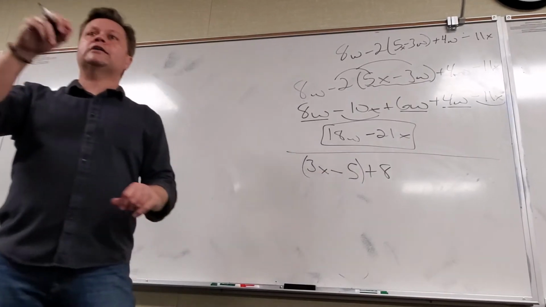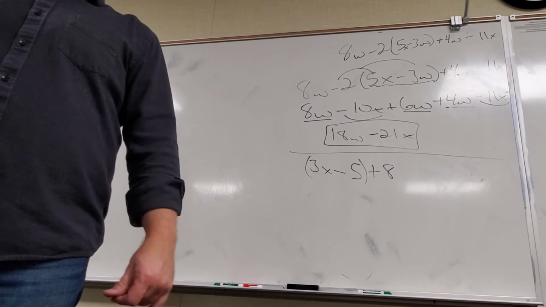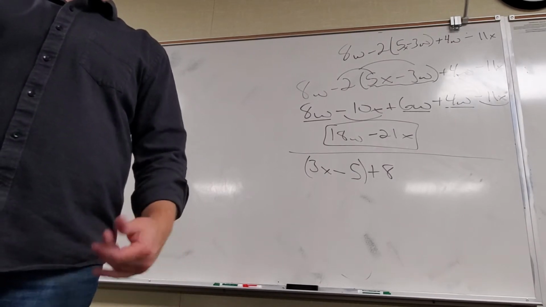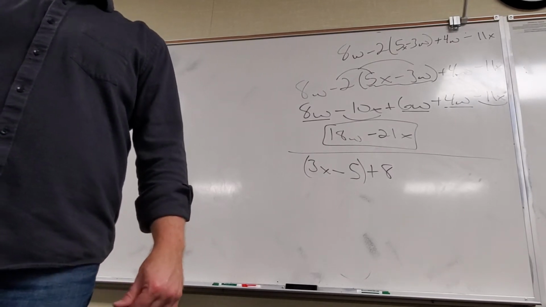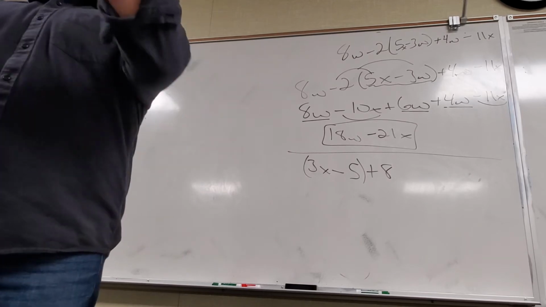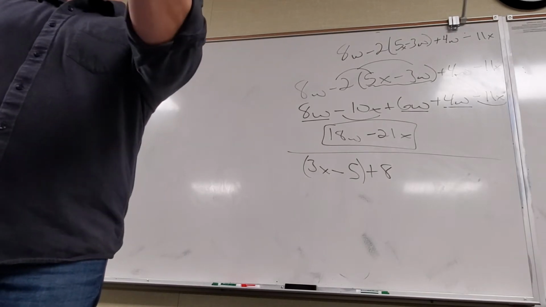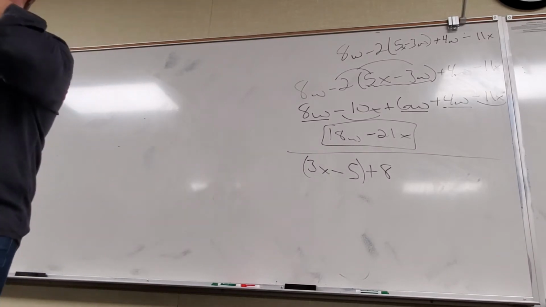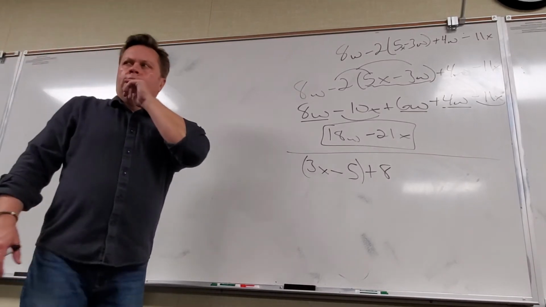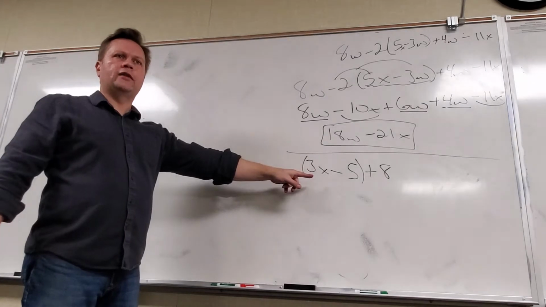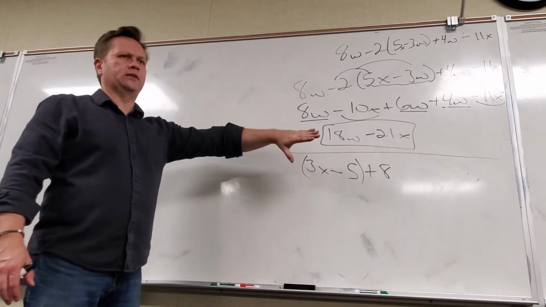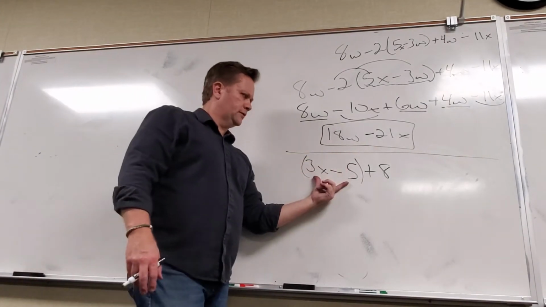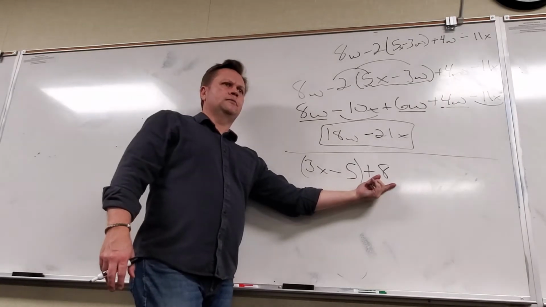What does 3x mean? 3 times a number. What operation is in there? Multiplication. And what's being multiplied? 3 and some number. I don't know what the number is, so that's why we call it x. And then if you simplify this, you don't need the parentheses, but you see why I used them? Because I take this and add it to 8.